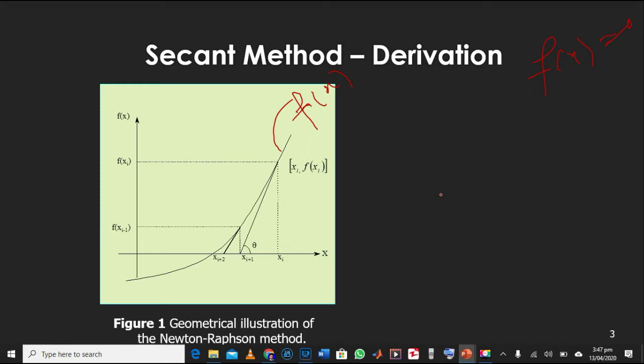Then if you plot the graph, you are trying to find the point where the graph of the function touches the x-axis, or where the function is 0, or you are trying to find the value of x at which f of x is 0. Then we call that point the root of the function or the solution of the function.